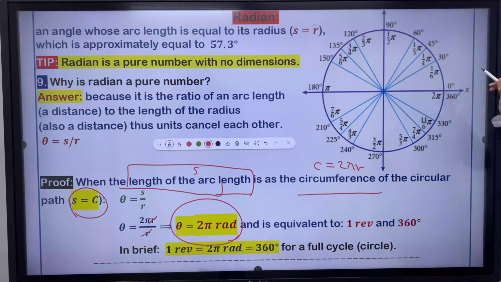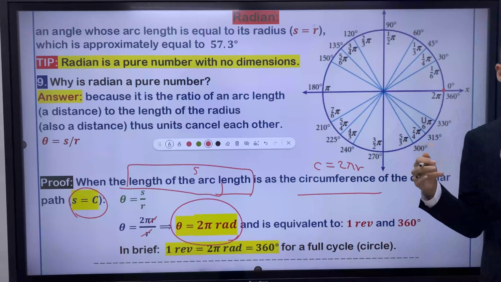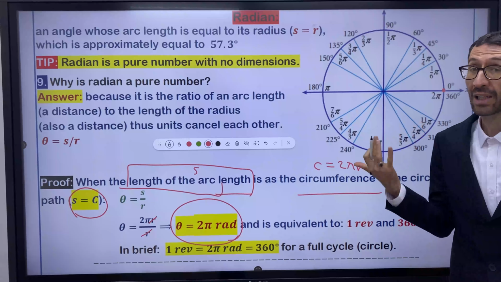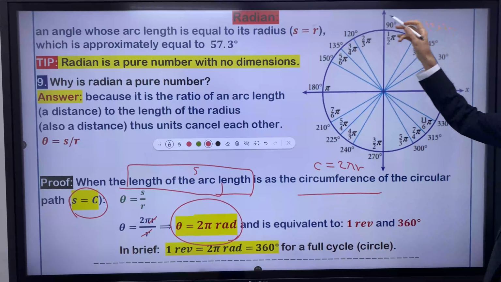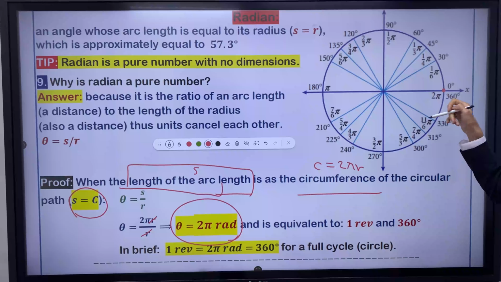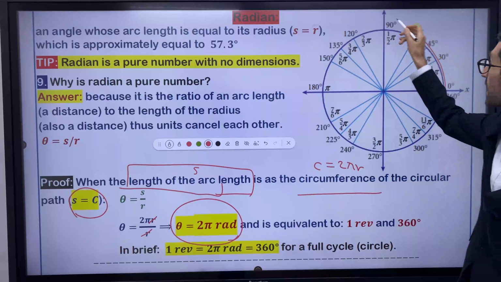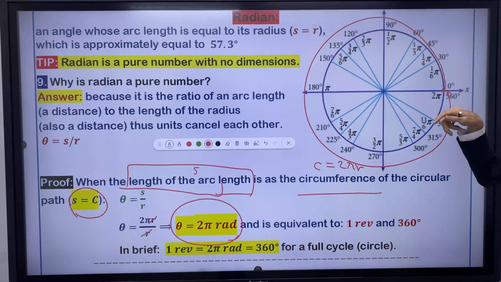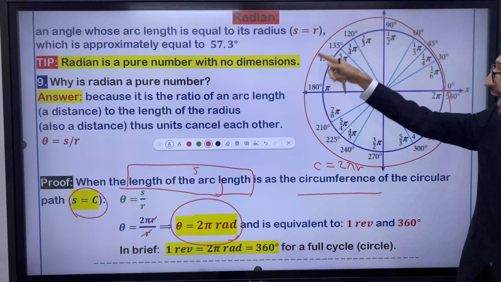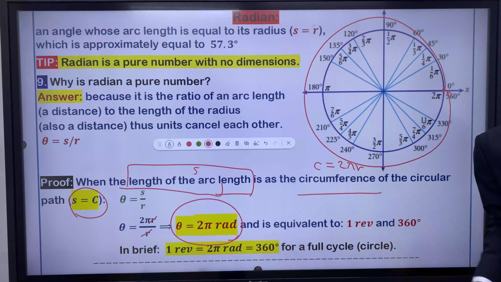It says that when an object traverses an arc length along the circular path and returns to its original position, it travels the full circle. That's why the arc length is the circumference of a circle.